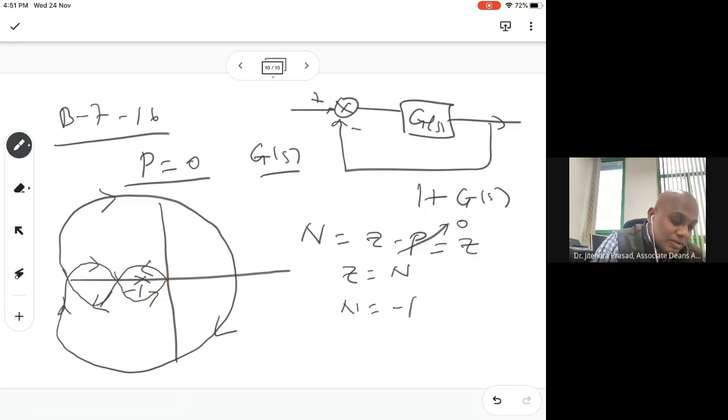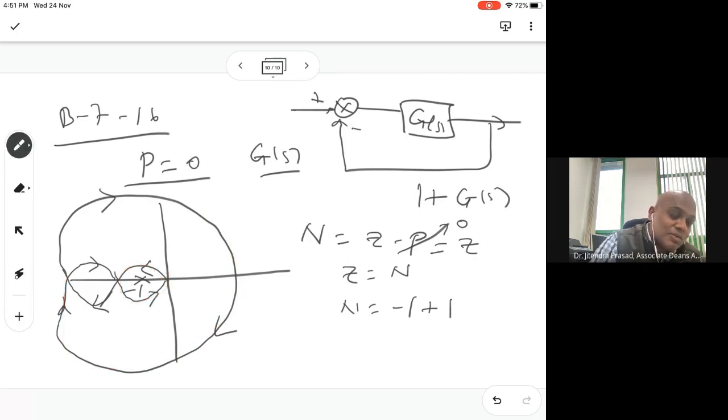And then we have this one, which is clockwise, so we write +1. One loop from here to here is clockwise, and a loop from here to here is anti-clockwise.